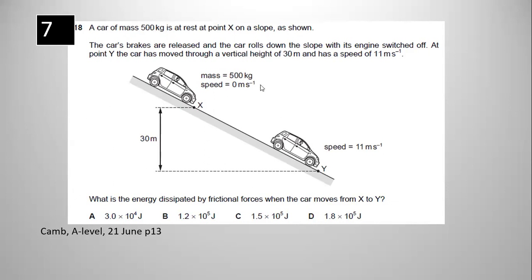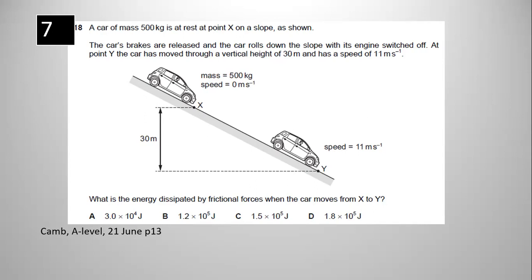So at rest, initially no speed, the car's brakes are released and the car rolls down the slope with the engine switched off. At point Y, the car has moved through a vertical distance of 30 meters from point X and has a speed of 11 meters per second. What energy is dissipated by friction forces when the car moves from X to Y?